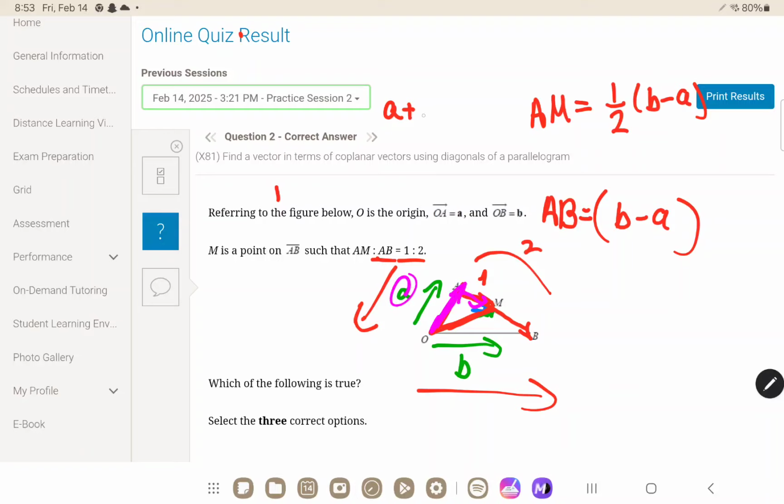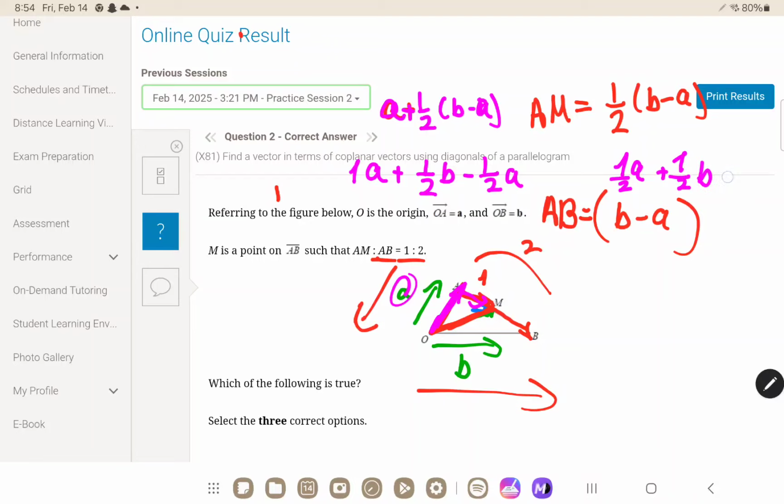So we're using A plus AM, which we found to be half of B minus A. So A plus half B minus half A. So 1A minus half A gives you half A plus half B. Then you factor out the half, and you're left with half of A plus B. And that is vector OM.